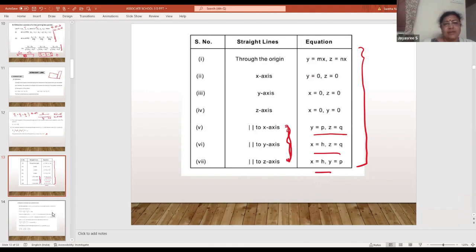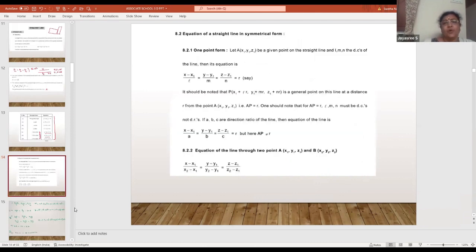Now the next concept is the 1-point form and 2-point form. For the 1-point form, one point x1, y1, z1 is given, the arbitrary point is x, y, z, and the direction ratio A, B, C is given. The direction ratio of the line is the subtraction x minus x1, y minus y1, z minus z1.